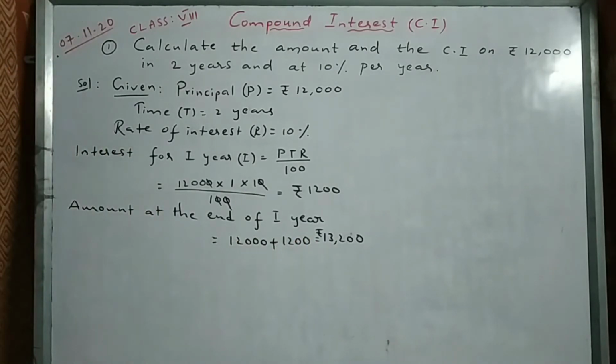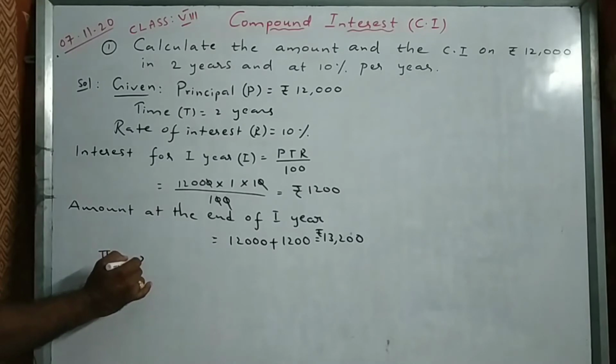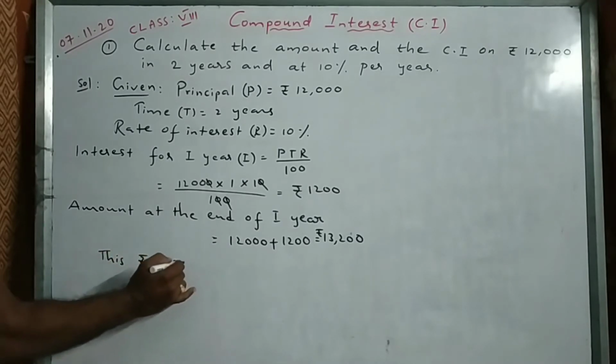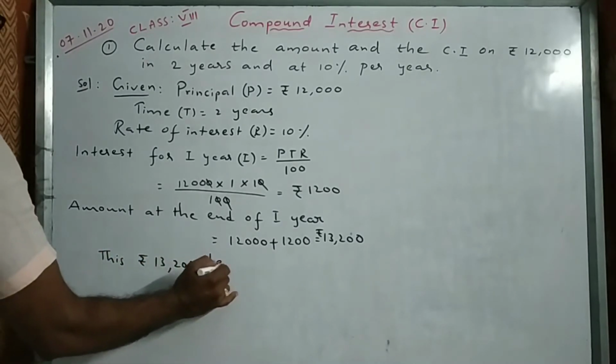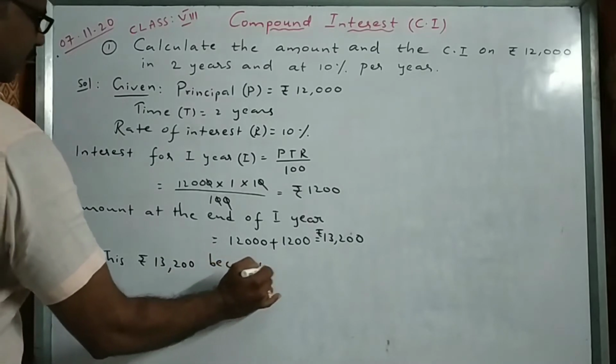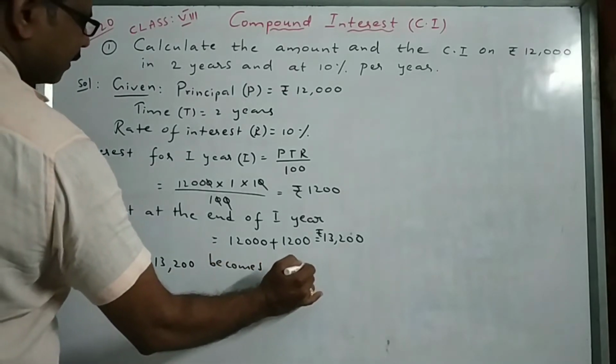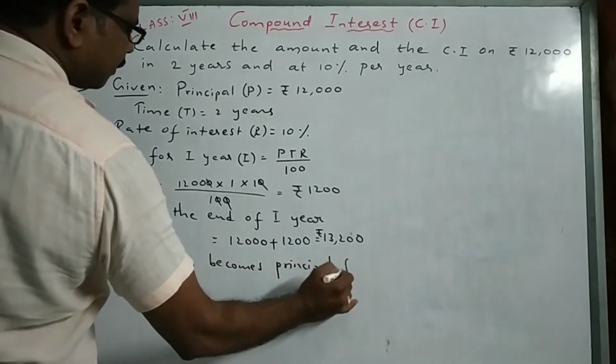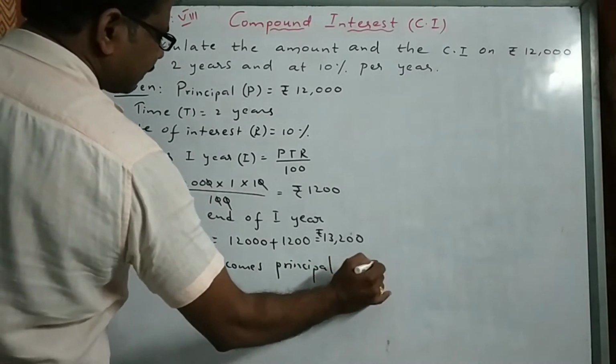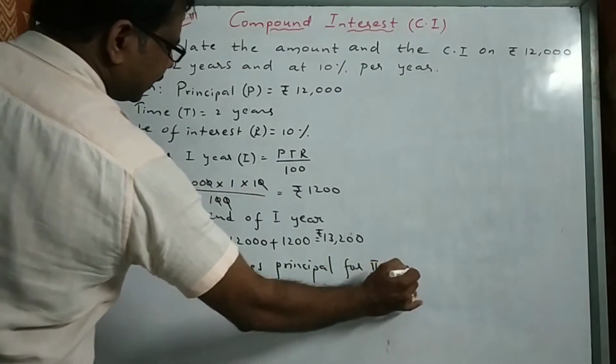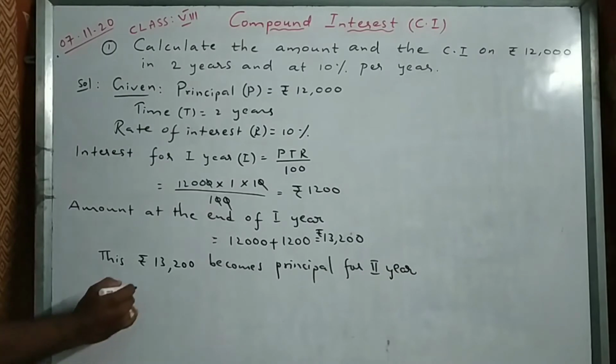Then what happens, you know? This amount, rupees 13,200, becomes the principal for the next year, the second year.